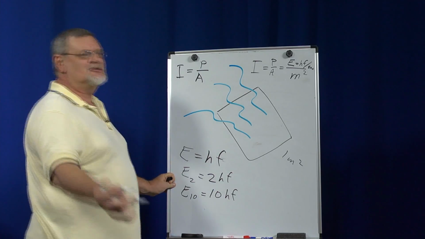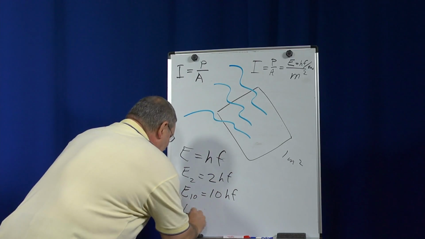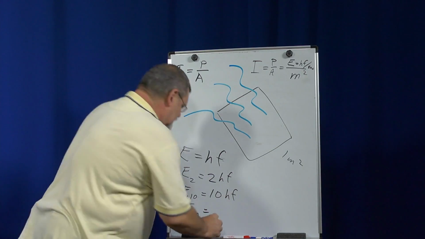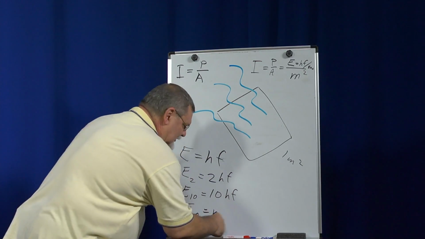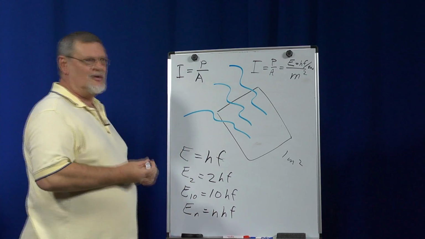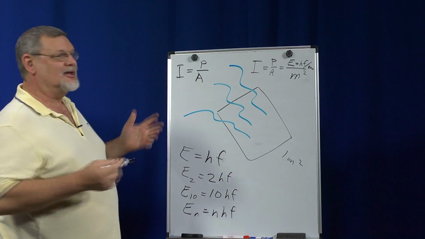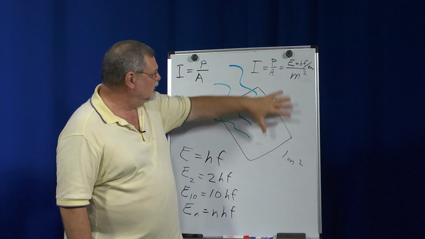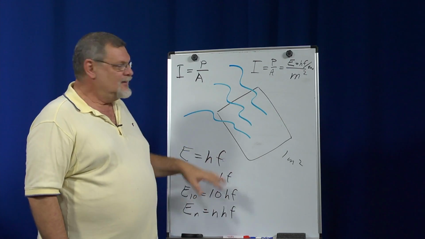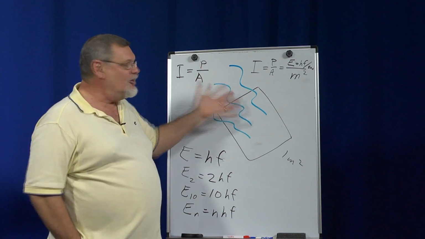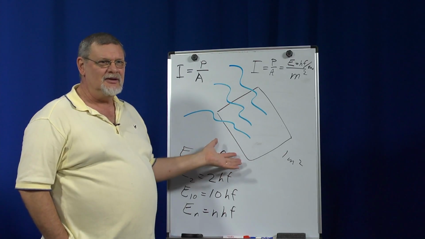So what is the energy of a lot of them, an n number of them? It's going to be n times Planck's constant times the frequency of that 1 photon. What I'm getting to is that this power over this area, the amount of energy hitting it, really what we're measuring is how many waves are hitting this square meter.